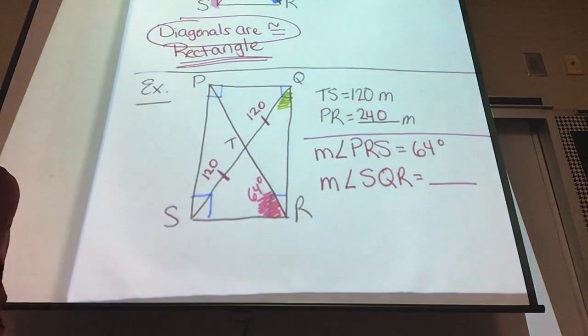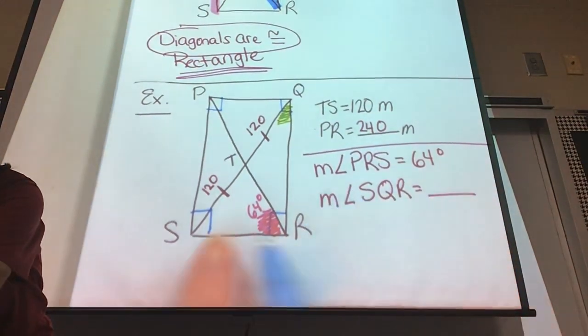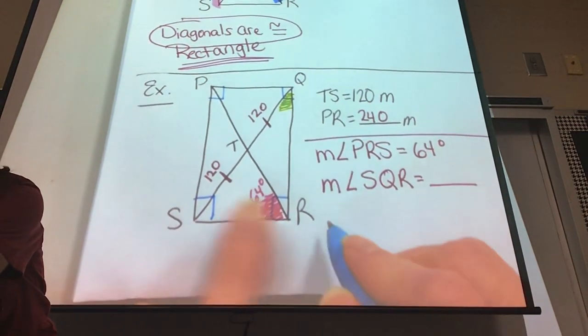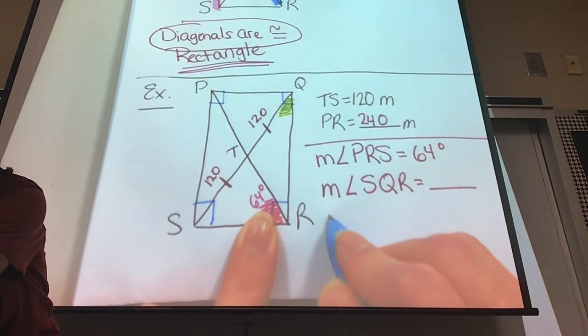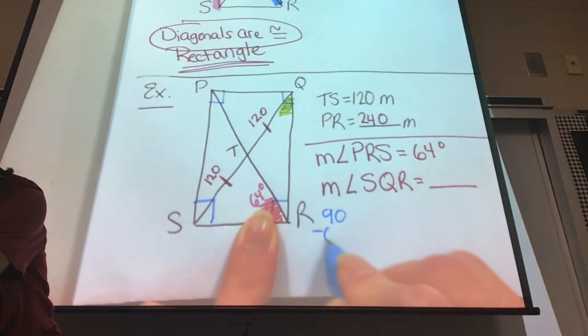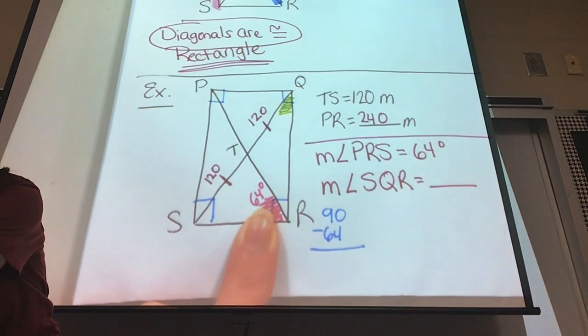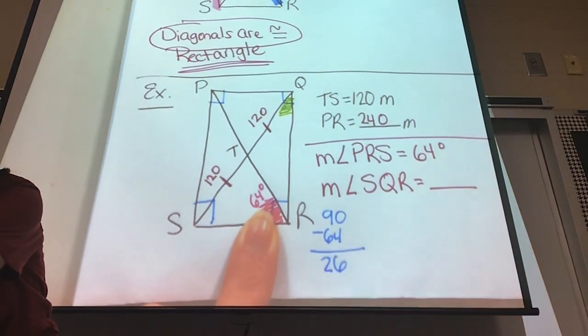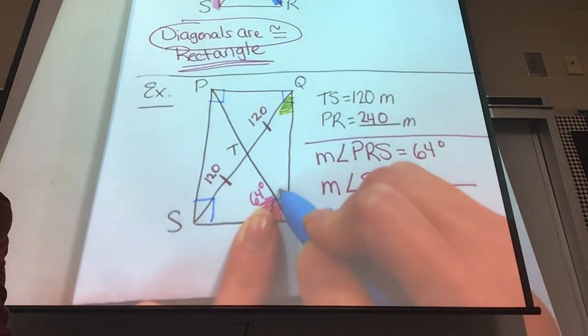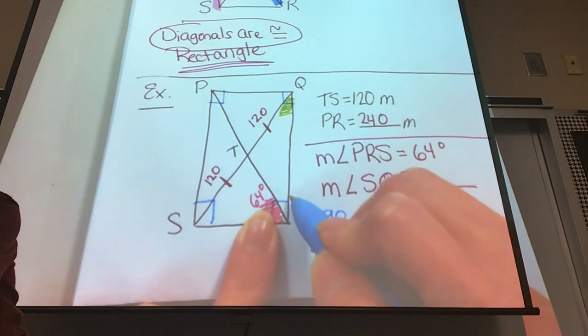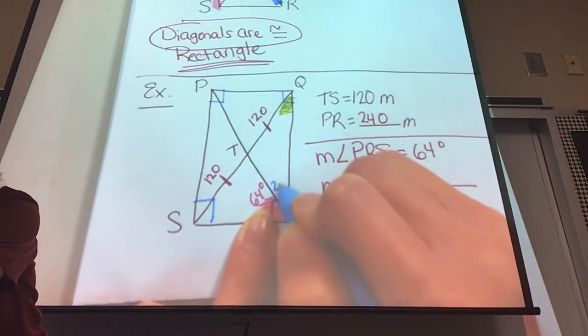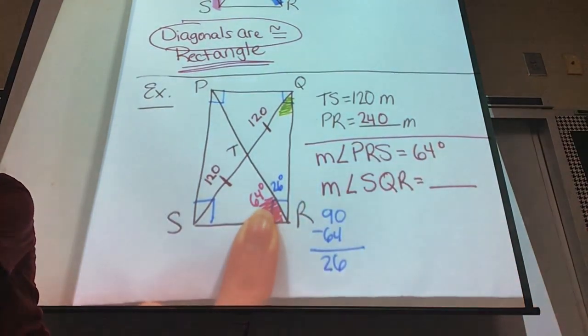Okay? So, we are taking this 64, and we're subtracting it from 90. So 90 minus 64 is gonna leave me with 26. So that tells me that this angle right here is 26 degrees.